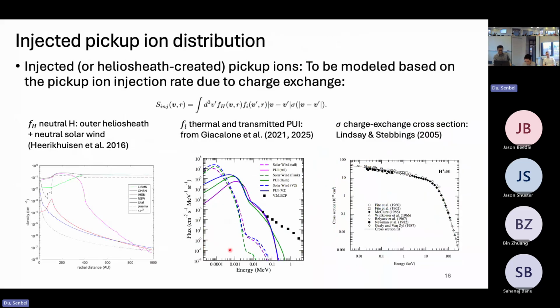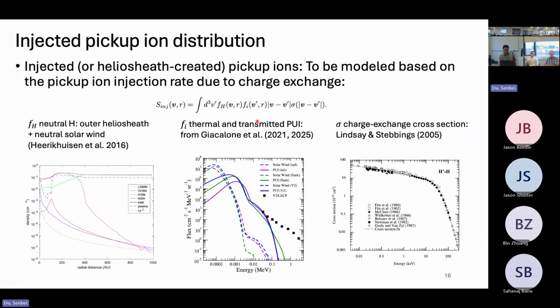We do that by considering the injection rate due to the charge exchange in the heliosheath, and that depends on three pieces. The first one is the neutral distribution in the heliosheath, and we have a reasonable idea about what it may look like from previous work.